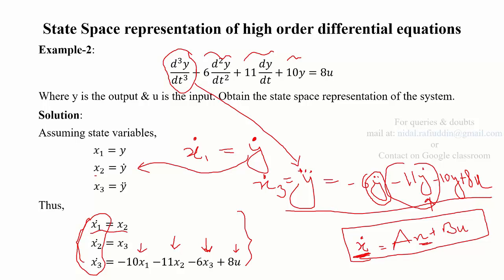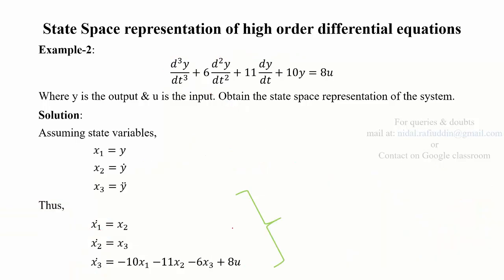Now we are going to use these three equations to form the matrices or vectors in order to finally obtain the state equation in vector or matrix form. So using these three equations, we get x dot, which is a matrix of x1 dot, x2 dot, and x3 dot.